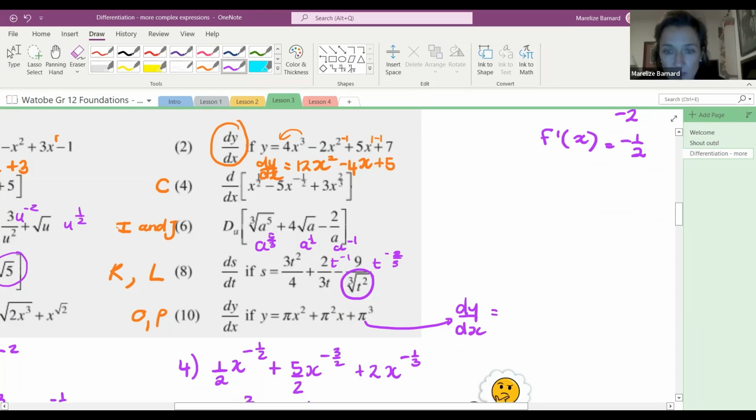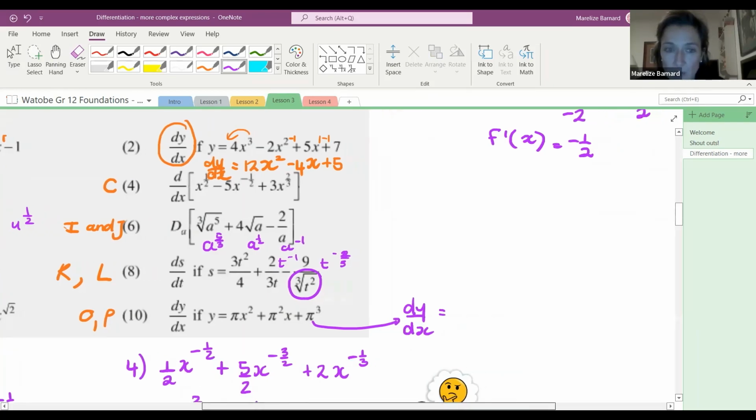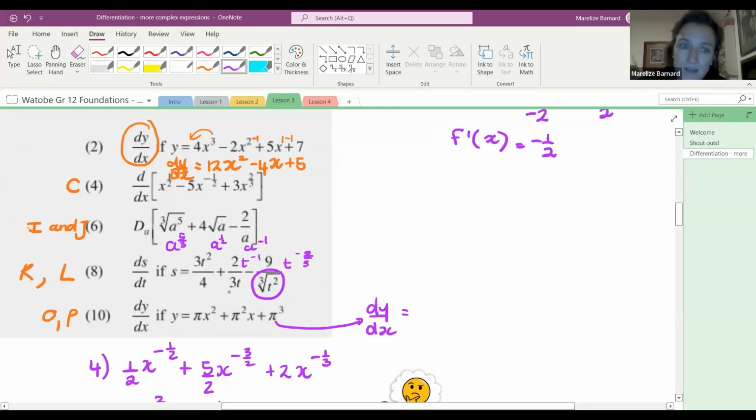And please take note of this example if you didn't know what to do with the pi's. So 2 times pi is 2 pi. And from the x, we subtract 1. So that's going to go x to the power of 0 is just 1.